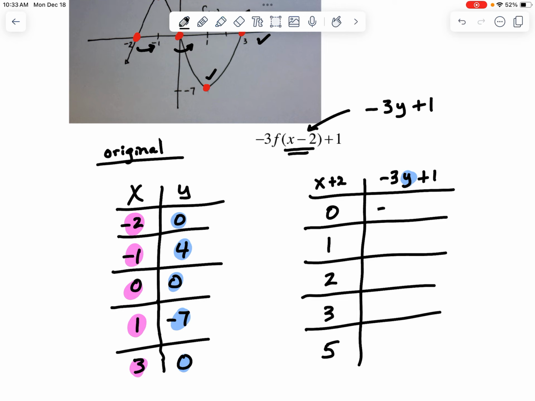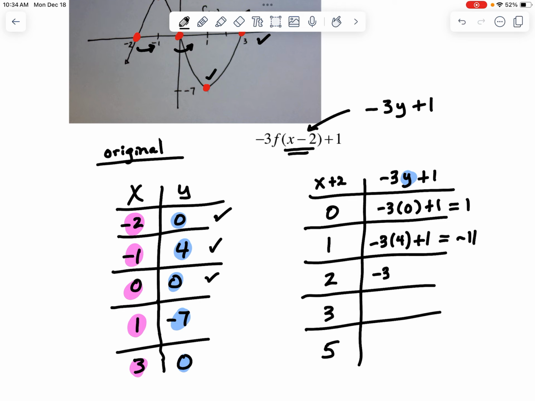So the first one will look like -3 times 0 plus 1. So that's the first one. And then this equals just a 1. Now I'll go to the second one. -3 times 4 plus 1. So that would be -12 plus 1. So that's -11. Next up, use 0.